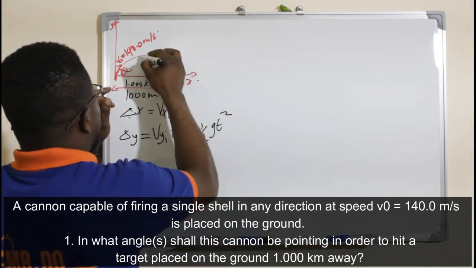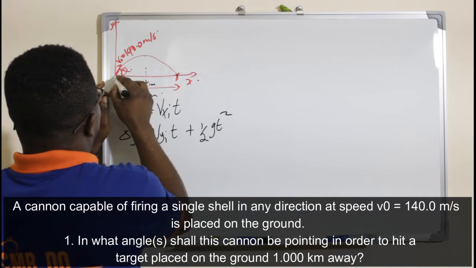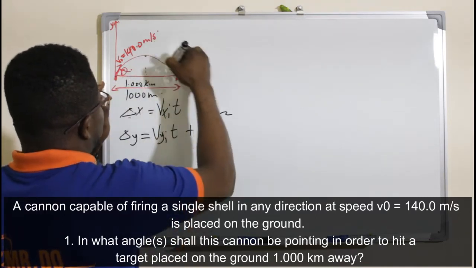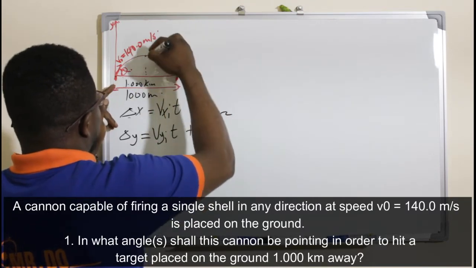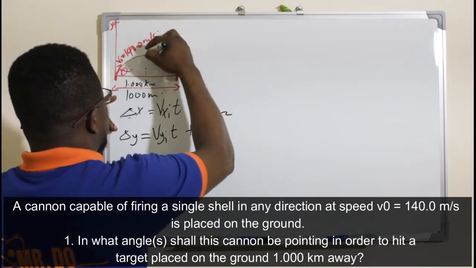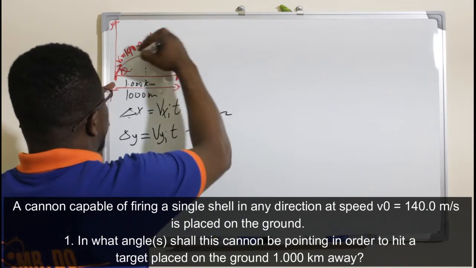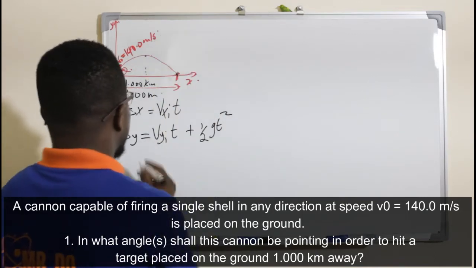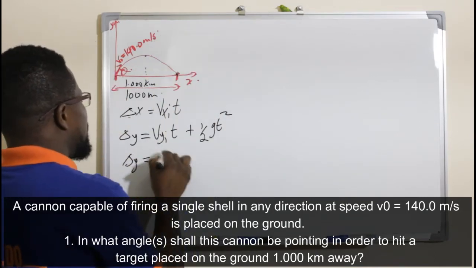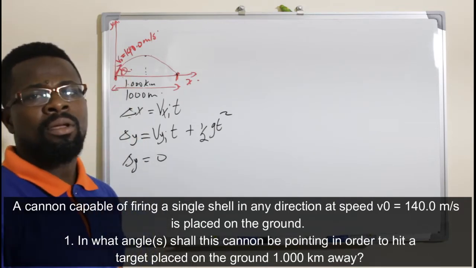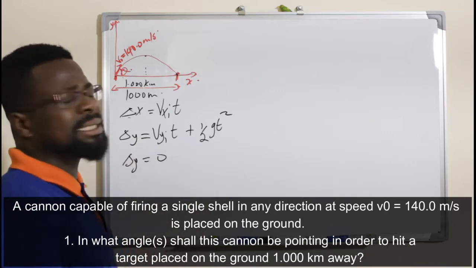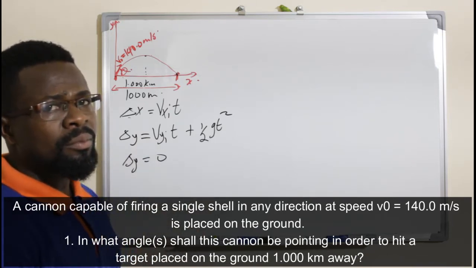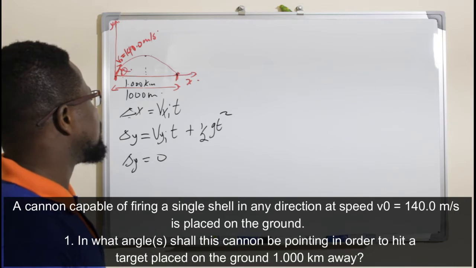The distance from here to here is the same as from here to here. If this is positive, this will be negative. They are equal in magnitude but opposite in direction, therefore our change in y will be equal to 0. And if my change in y is equal to 0, then I can equate this to 0.